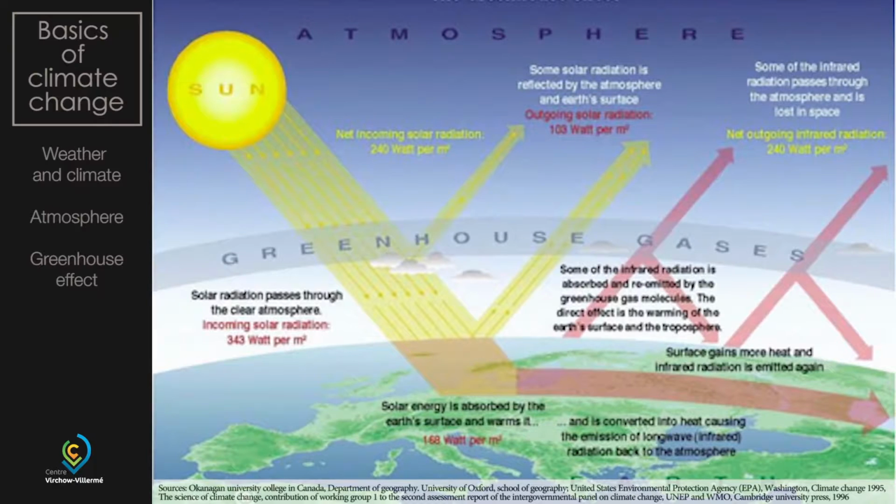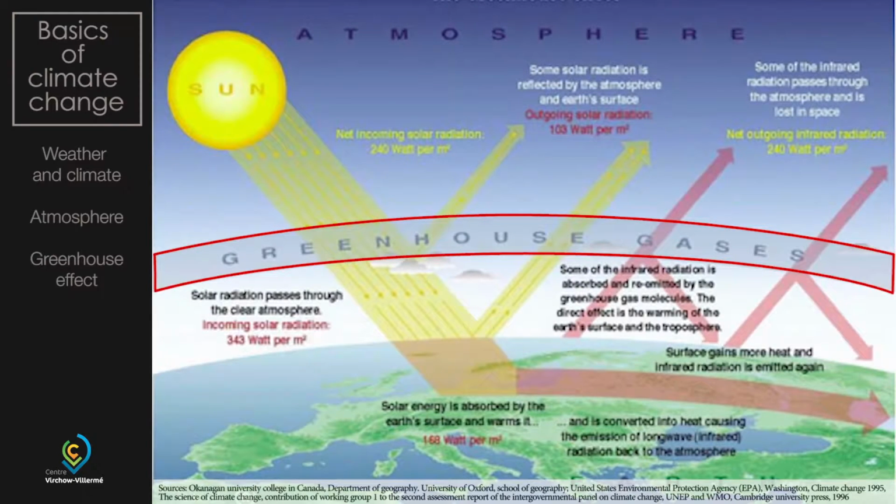And this graph depicts this as if there were a glass ceiling at about 10 kilometers of height, which has the same effect. In fact, there is no such thing as a ceiling. It's just the entire gaseous envelope that makes the greenhouse effect. So it keeps the Earth much warmer than it would otherwise be. In fact, without the greenhouse effect, we couldn't live on the planet.